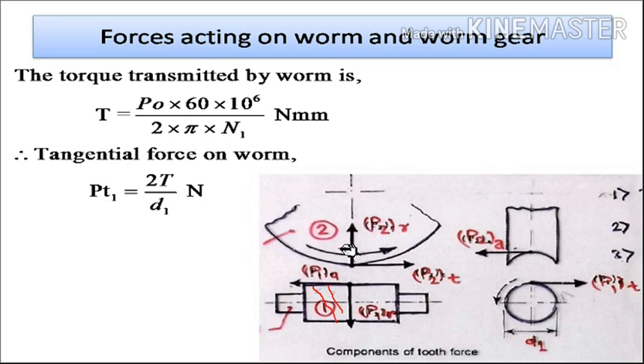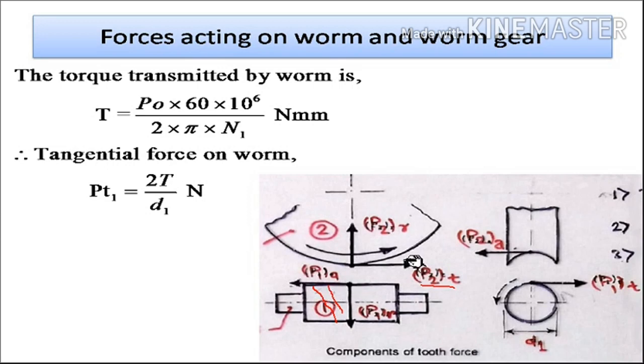So the worm wheel will rotate in the anti-clockwise direction, and as the direction of rotation of the worm wheel is anti-clockwise, the tangential force acting on the worm wheel will be in the direction of rotation. So this is P2T, the tangential force acting on the worm wheel.